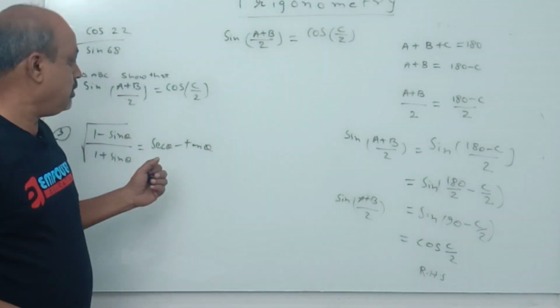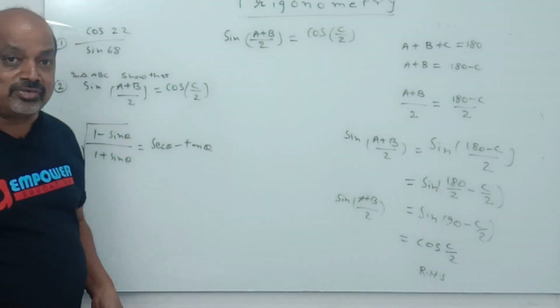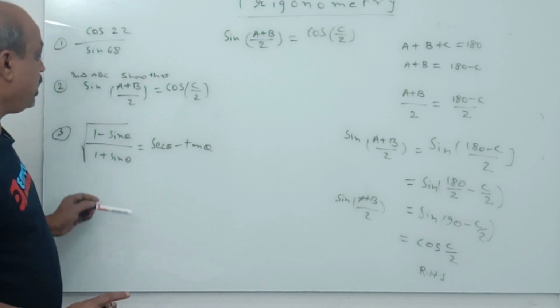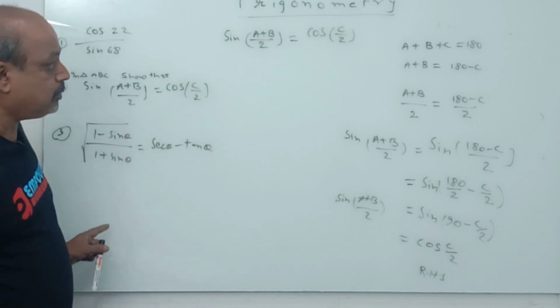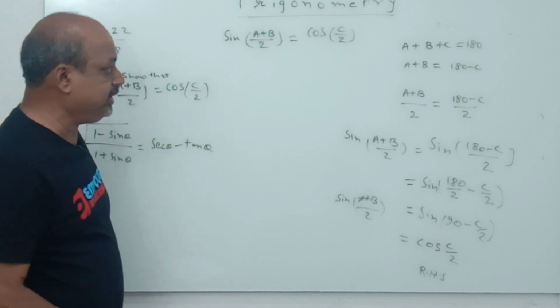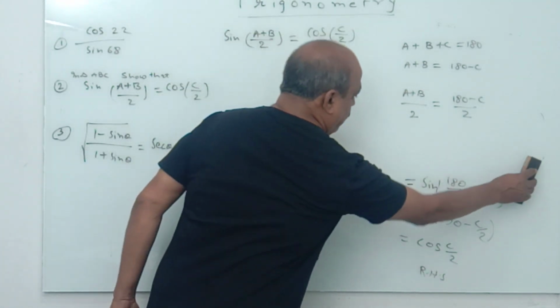These are the problems on complementary angles for 9th standard, and now we will consider a 10th standard problem on trigonometric identities. I will write down the problem.